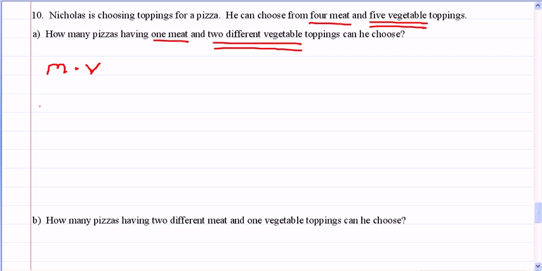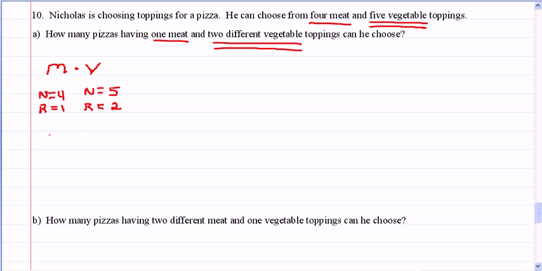For our meats, we have 4 possible meats, so n is equal to 4, but we're only choosing 1, so r is equal to 1. For our vegetables, we have 5 possible vegetables to choose from, so n is equal to 5, but we only want 2, so our r is equal to 2.